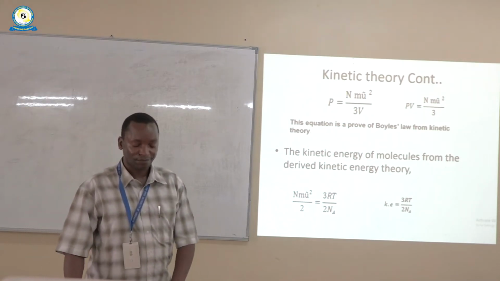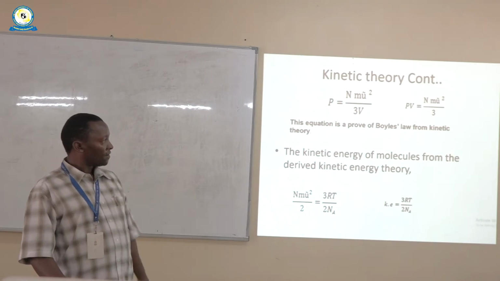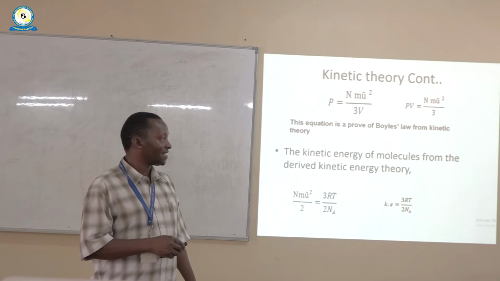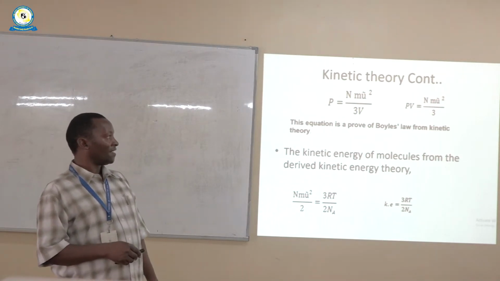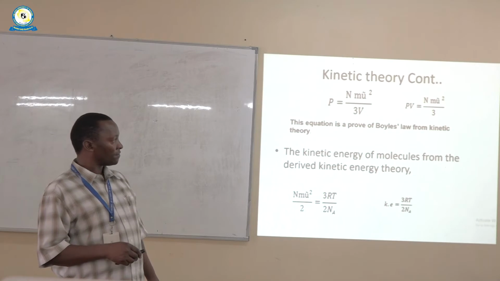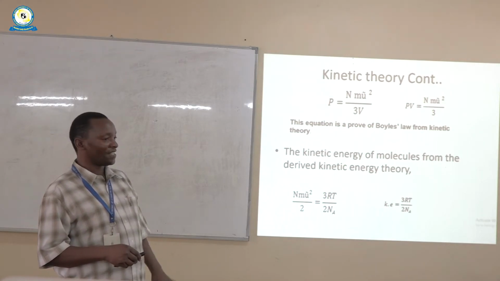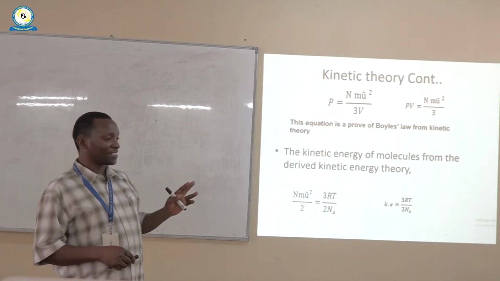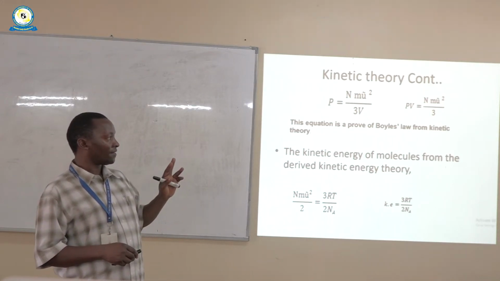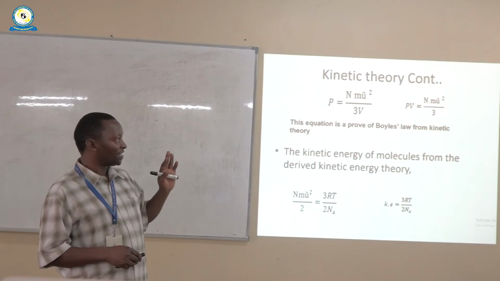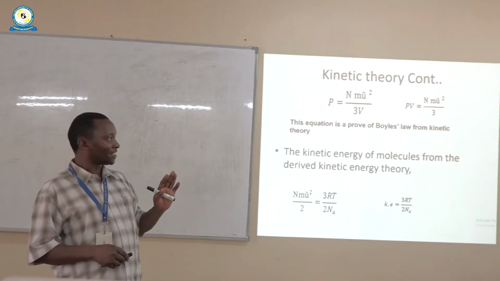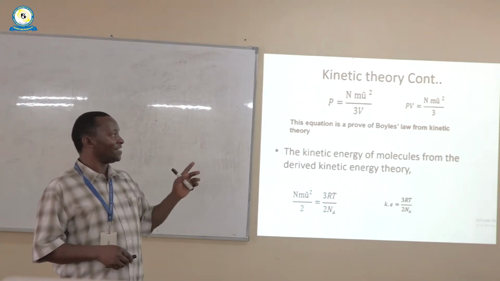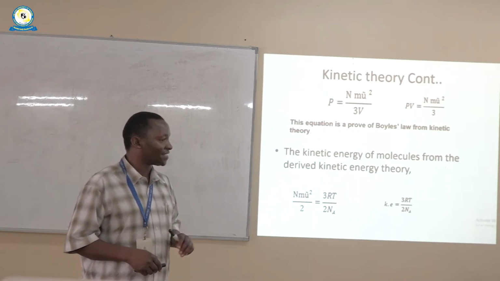We have to know that we had a molecule with a certain mass, and a number of molecules contained in a cube, n, and the average velocity of a molecule, which is u. All of them are constant, divided by 3. So we say that PV is equal to constant.